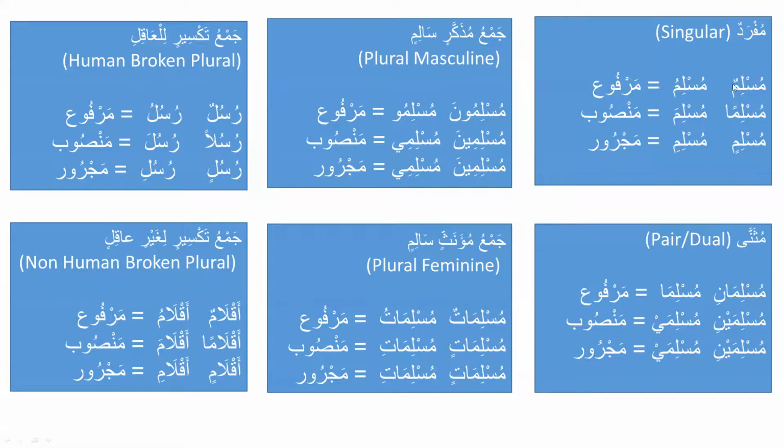It's just that this one is heavy, this is light, but they are both marfu. Musliman, Muslima, they are both mansub. This one is heavy, this is light. Muslimin, Muslimi, they are both majroor. This is heavy, this is light. Okay, this is for singular. And this one is rafa, nasb, jar. Don't forget this. Rafa, nasb, jar.